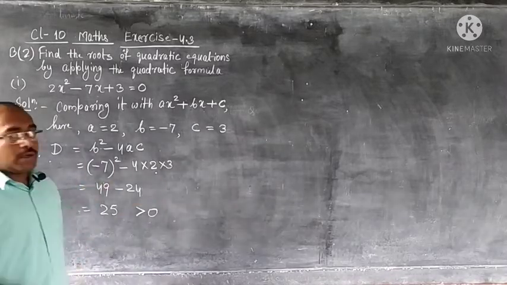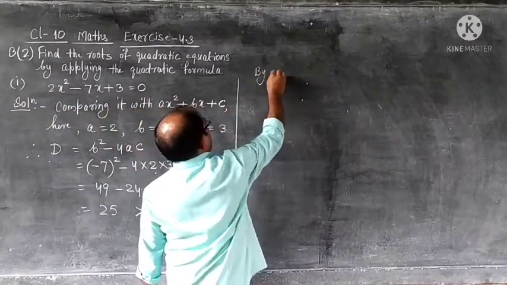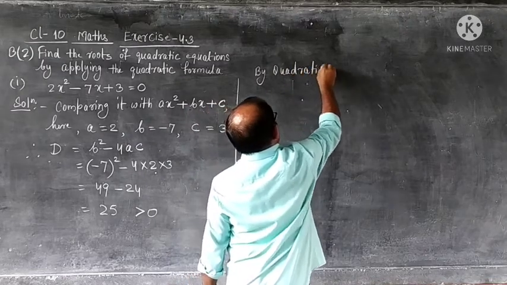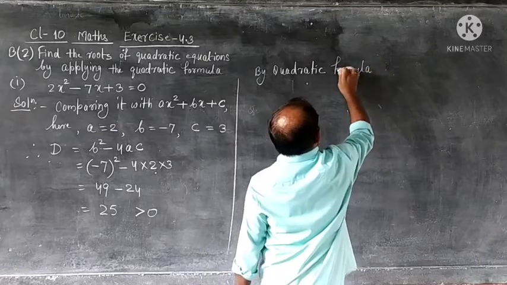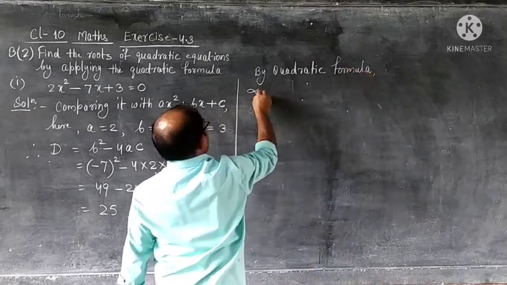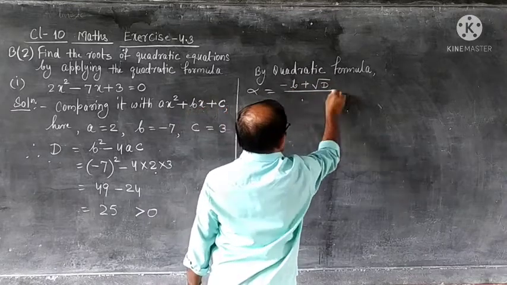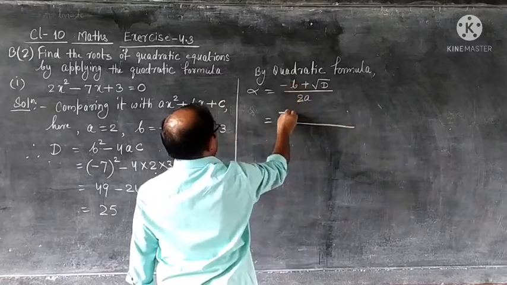We will go for finding the other part, we will use the quadratic formula. By quadratic formula, the first root alpha is minus b plus root d by 2a. Here we need to be a little careful, minus b is there.